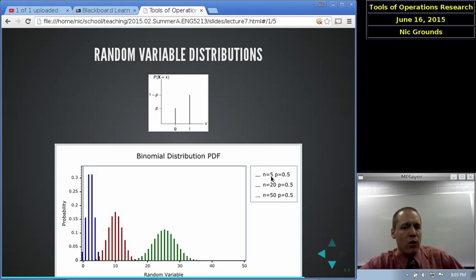But if I flip that coin 5 times, that's the blue lines here, that would say that there is a chance that I get a heads 0 times. Right? I'd get 5 tails in a row. There's also a chance I'd get 5 heads in a row and 0 tails, out of 5 coin flips. But those 2 things are very unlikely.